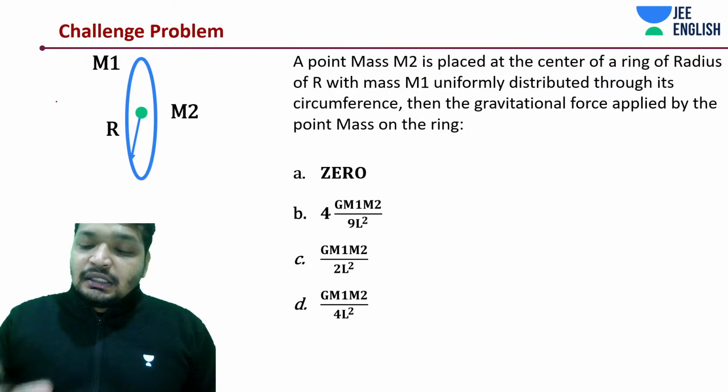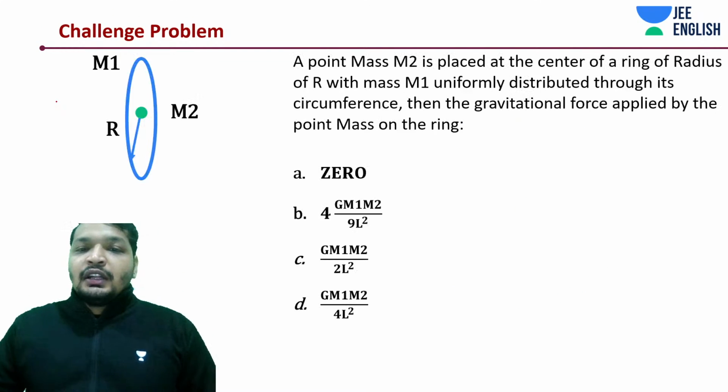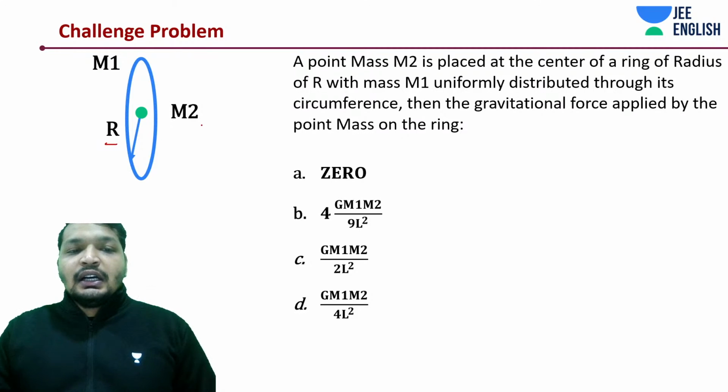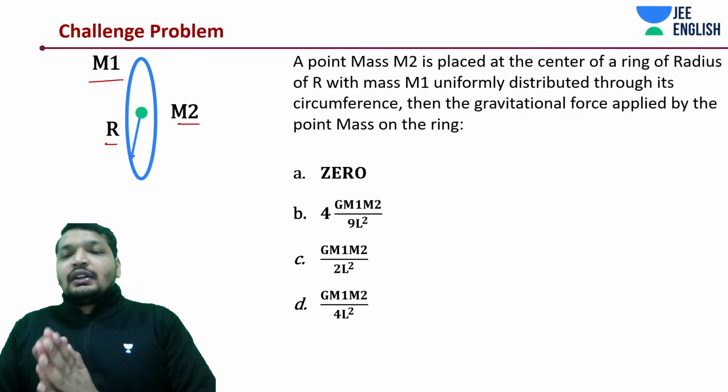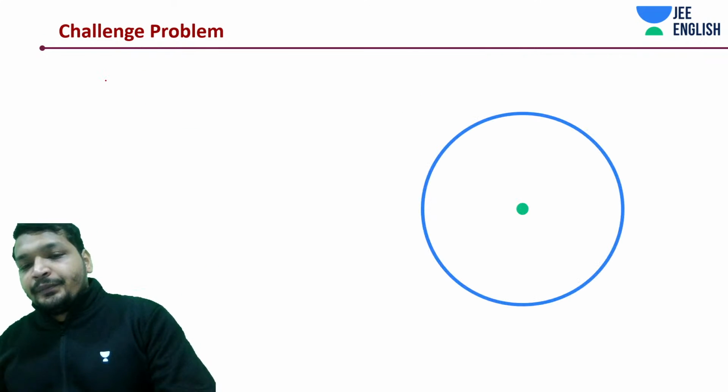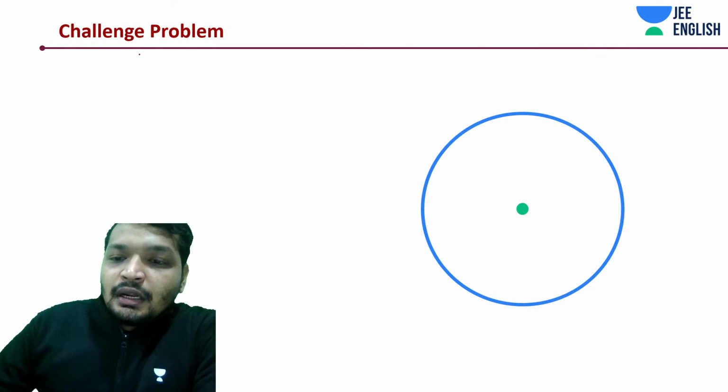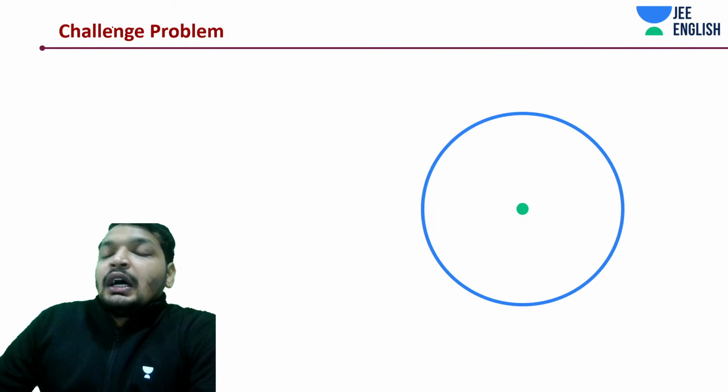So yes, this kind of question. Okay, first of all, this is mass M2. This is r. This is the ring having radius r. Ring is like a whole ring, but a circle. Now, how do we work around these?